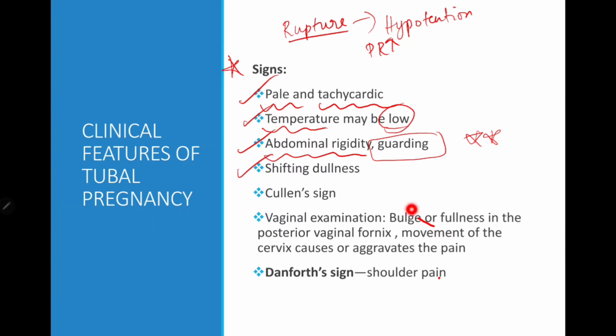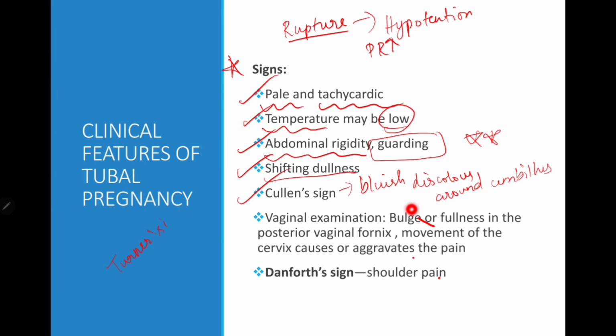Then shifting dullness can be present. Cullen sign. What is Cullen sign? Bluish discoloration around the umbilicus is known as Cullen sign. What is Turner sign?